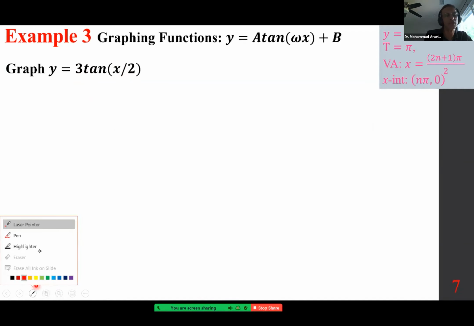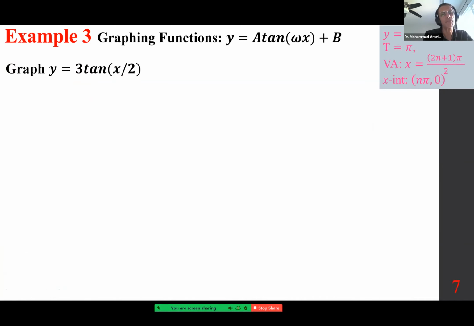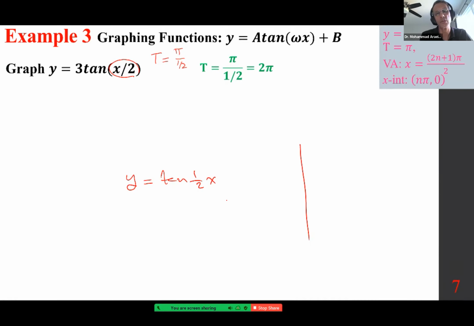If I were to graph it just by looking at one complete cycle, this one means T equals pi divided by 1/2, which makes it 2 pi. So this concept first, which means, again, if I'm just interested in graphing y equals tan of 1/2 x, I'm going to write 1/2 x instead of x over 2 to make sure everybody is clear as to what's going on.